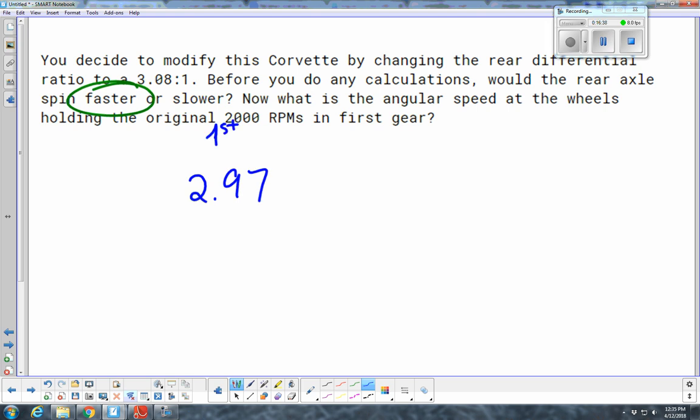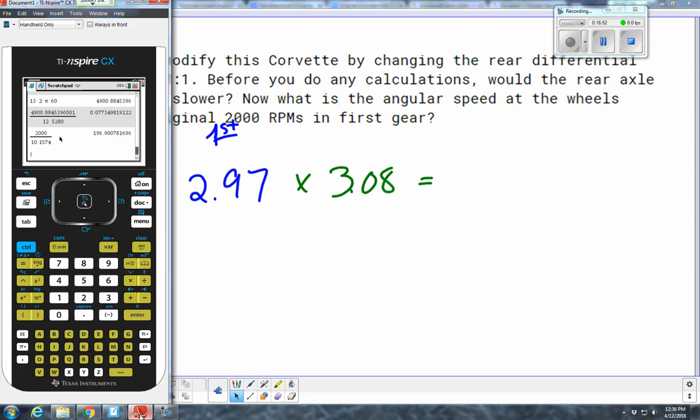That's going to give you a number that should be smaller than 10.15. Let's find out what it is. 9.14. So 9.14 is our new gear ratio. 9.14 to 1.